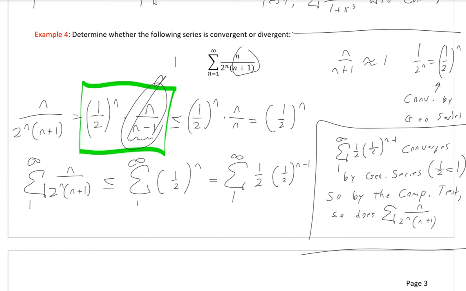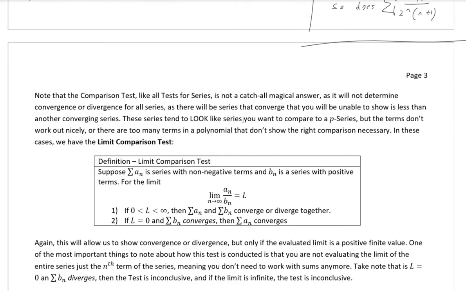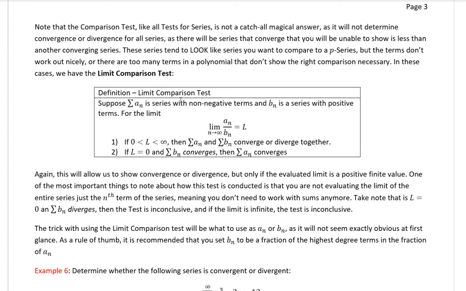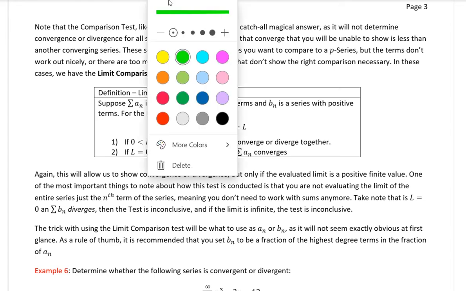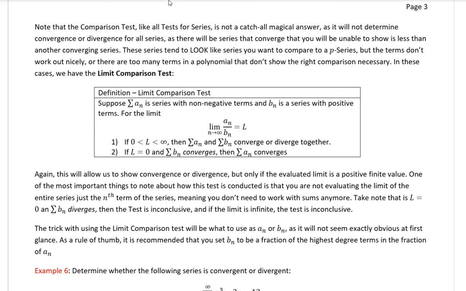So I need something else in order to still show this comparison that I should already know. And that's what's going to lead us to what is called the limit comparison test. So basically, probably the most important point: these series tend to look like series you want to compare to a p-series or a geometric series, but the terms don't work out nicely.